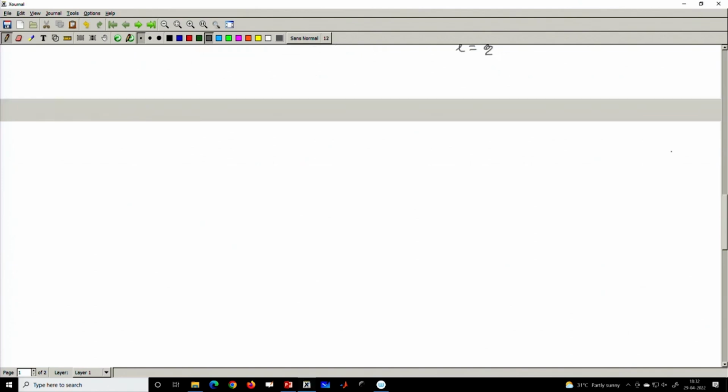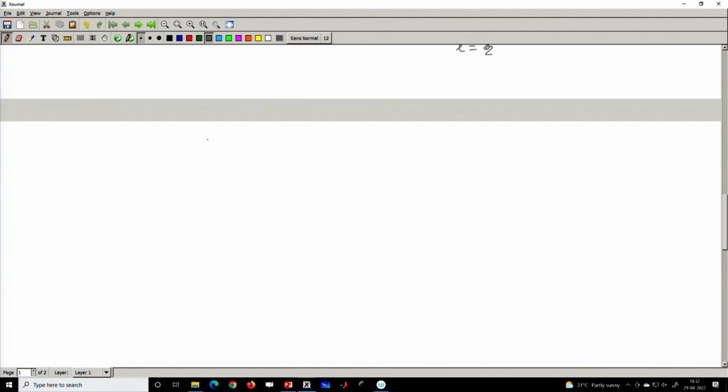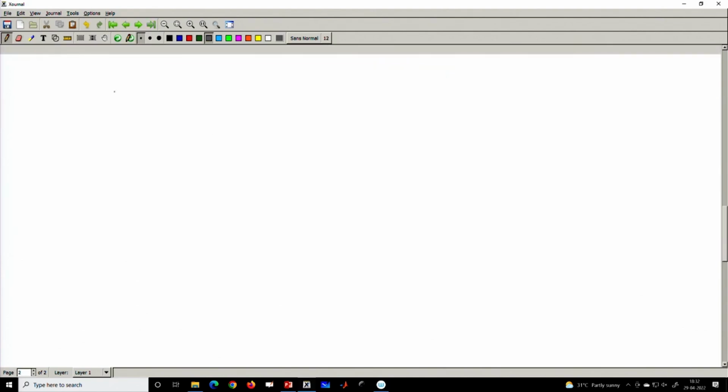Now, rearranging few terms, because here we have cos theta and another cos theta is sitting here. So, I just rearrange the terms. So, let us put all the constants together.